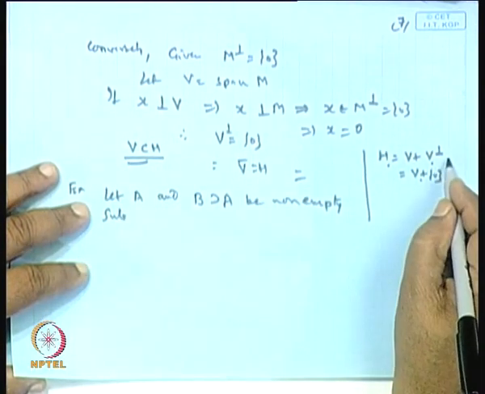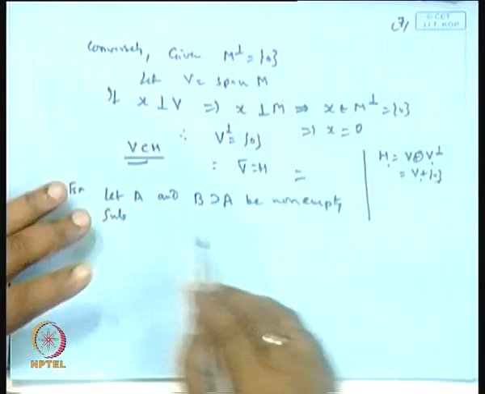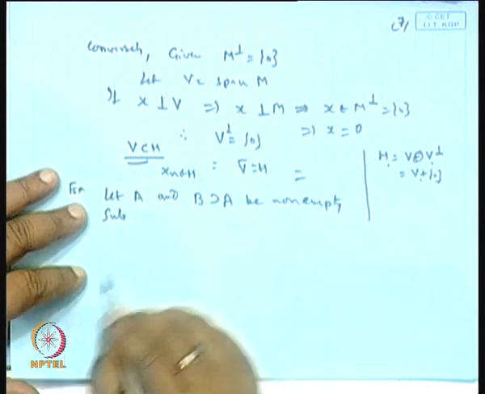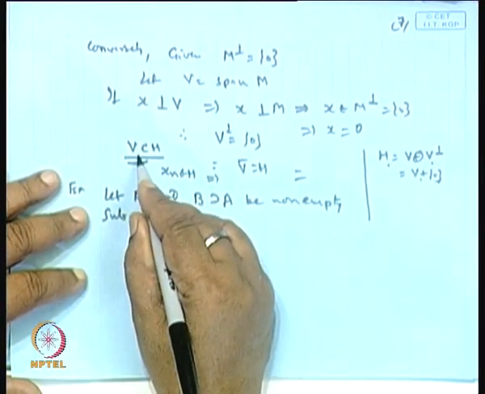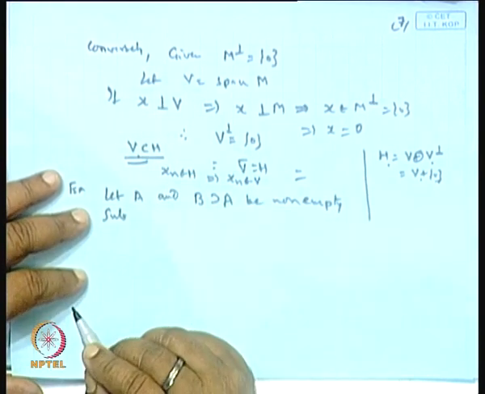Any H can be expressed as a direct sum of these two. Now one element is 0. Now we want any sequence Xn belonging to H. Then it must be a point in V or V perpendicular. If it is non-zero, then it must be a point in V only.